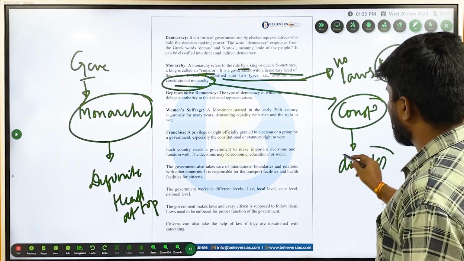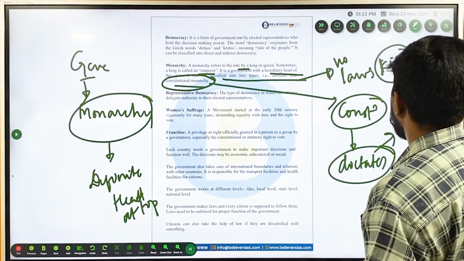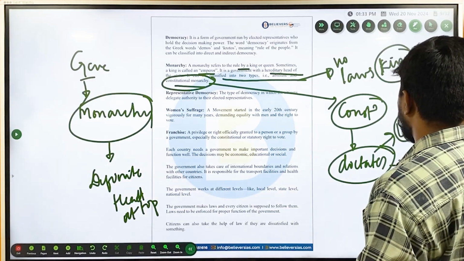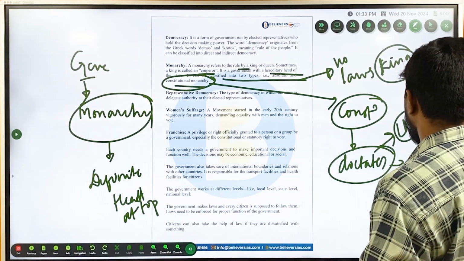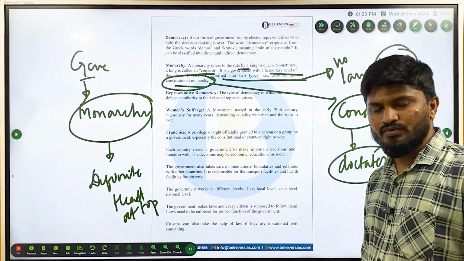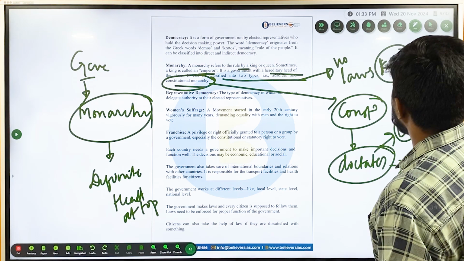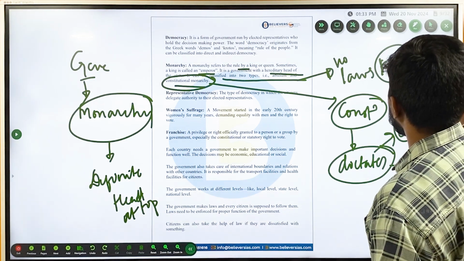For example, for constitutional monarchy, we can use the example of the UK or Bhutan. For absolute monarchy, at present there is none, but the closest is Saudi Arabia, but even then there is a constitution in Saudi Arabia.